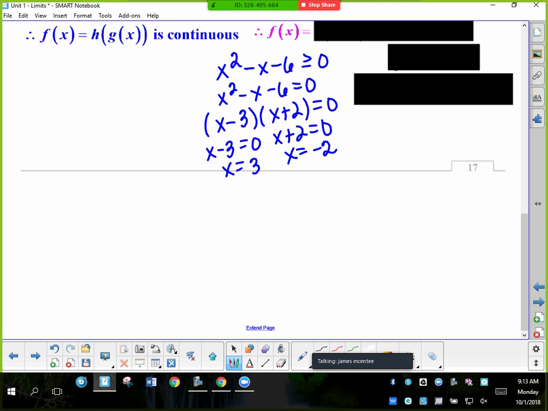Now, there may be some sort of gimmick that you have learned, where it's like, if it does this, you sing songs or something like that. I don't know. Here's an idea. You want to solve something out, just try it. You found critical values at -2 and 3.